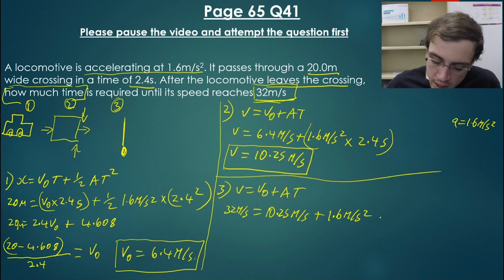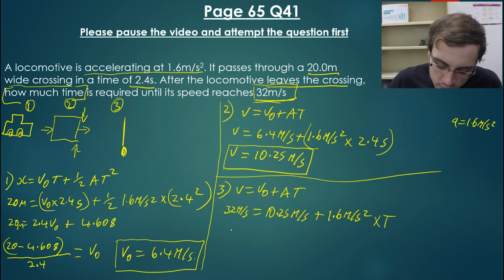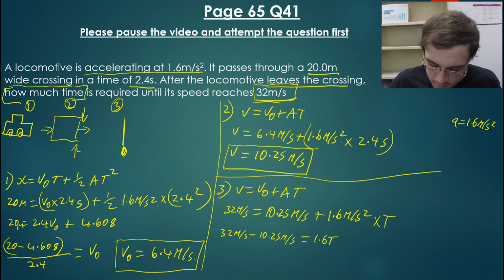And we multiply it by time, which we don't know. This here is an addition, so we move it over: 32 minus 10.25 is equal to 1.6t.